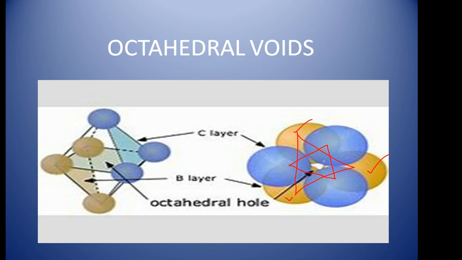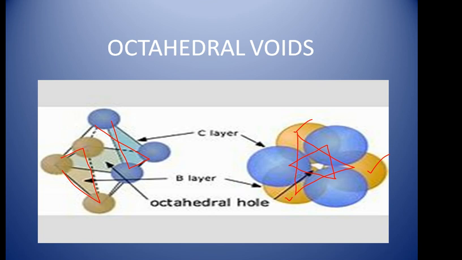These two triangles are inverted. In this case, among these six spheres, the void which is created is the octahedral void. You see here, these three and these three. So the void created among these six is known as octahedral voids. Am I clear? So try to understand.